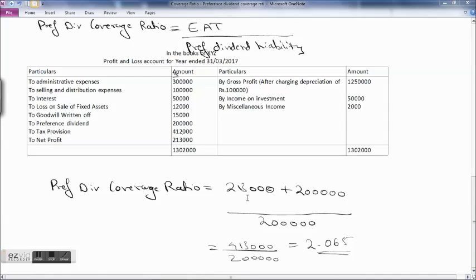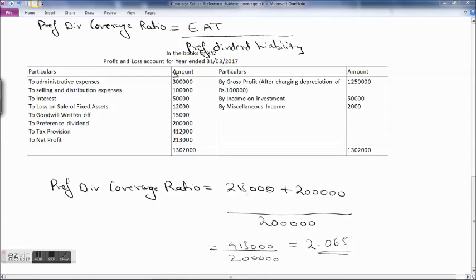Owners of the company are entitled to dividend only if there is a profit in the company after covering all types of expenses, that is your cash expenses, non-cash expenses, operating expenses, and non-operating expenses also. So that is the reason that while calculating the preference dividend coverage ratio, we have taken earning after tax. We are considering all types of expenses here, whether non-operating or operating.